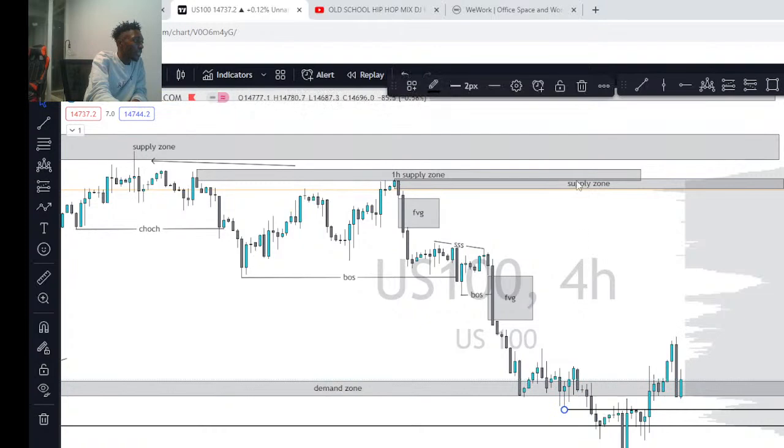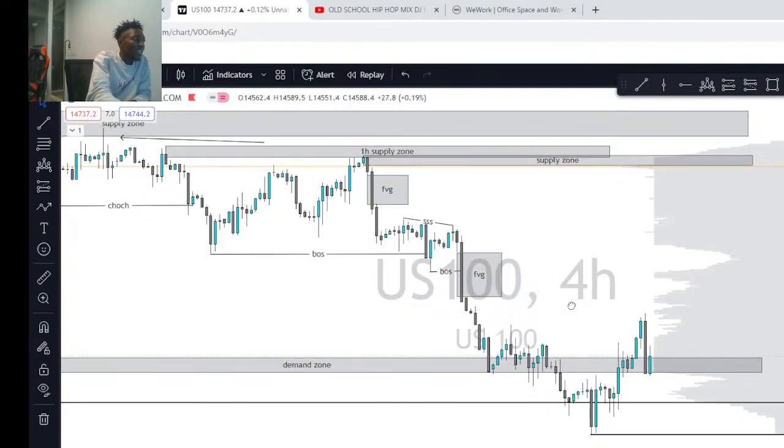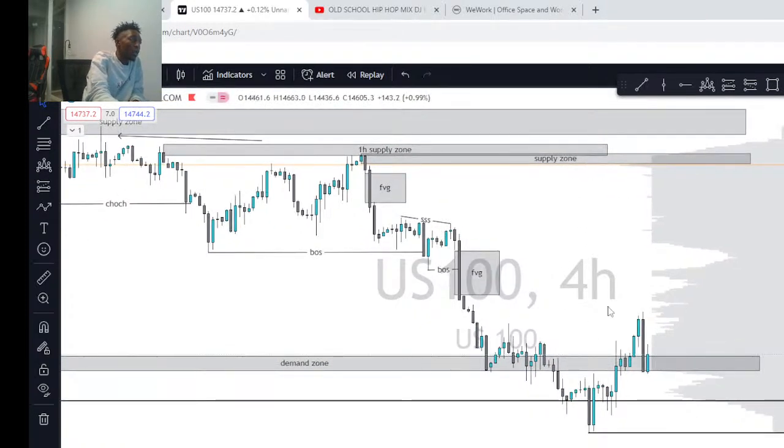What is the pattern? A reversal pattern, the most famous pattern, the head and shoulders pattern. We can see it created the left shoulder, it went up, it went down, created a head, it went up, went down, and created the right shoulder.